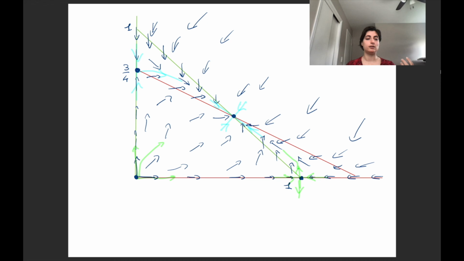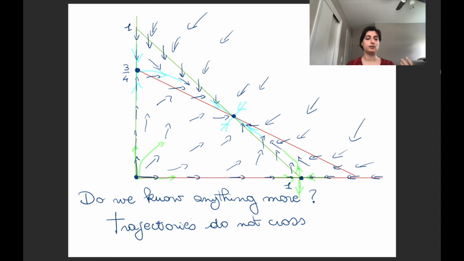So now we have some information about what happens at the critical points. We're going to try to connect this information. We use the very important information that trajectories never cross. It's very useful in 2D because we only have one plane in which to move, so we cannot jump the trajectories.